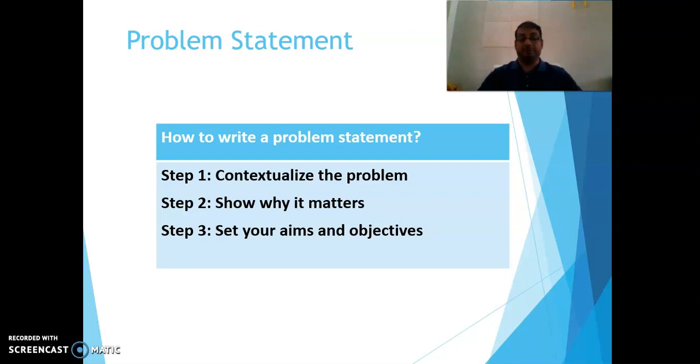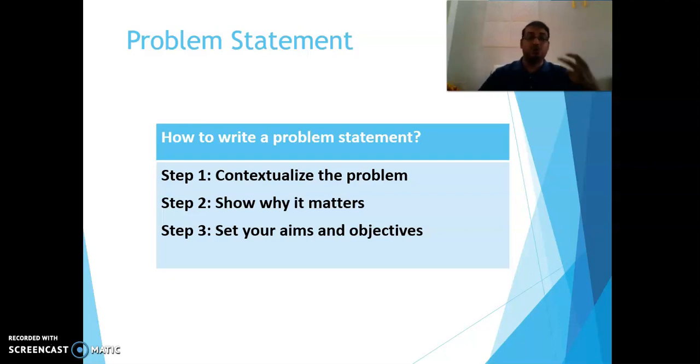Conceptualize the problem. That means the problem statement should frame your research problem in its particular context and give some background on what is already known about it. Let me give you an example.